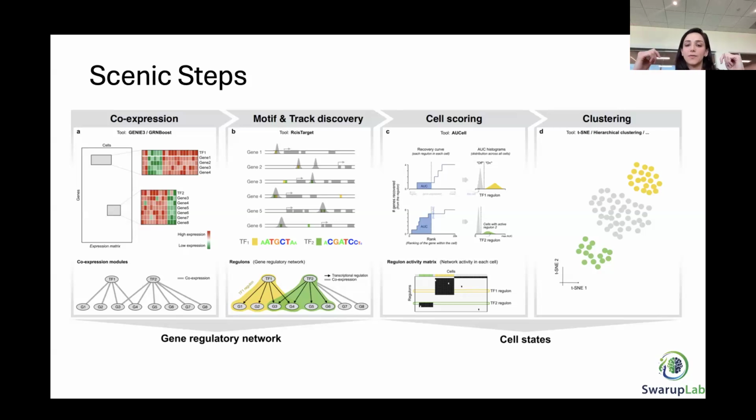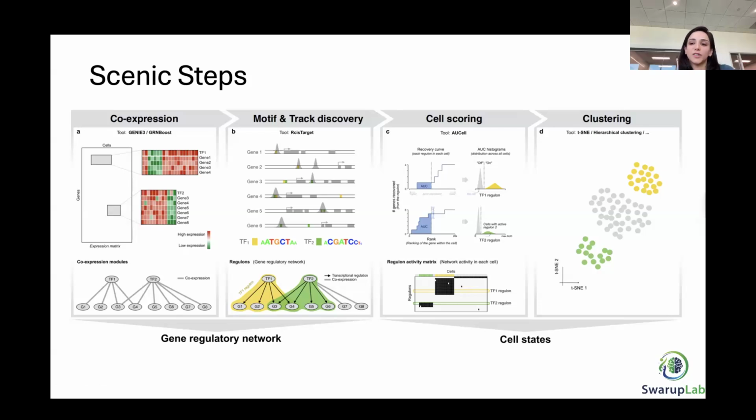Then we can measure how active that regulon is, or how much the transcription factor is affecting all of those genes. And pySCENIC lets us know the activity using the AUCell method. I'm going to show how the result looks too. It's a little vague here, it's going to look a little better later.